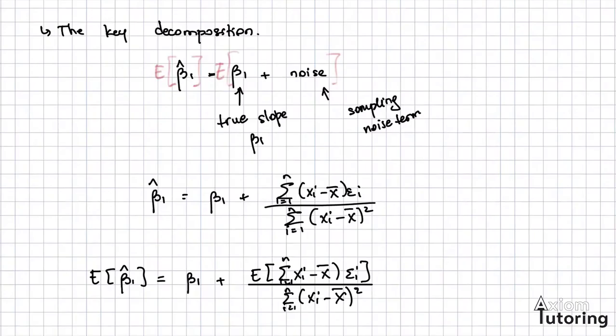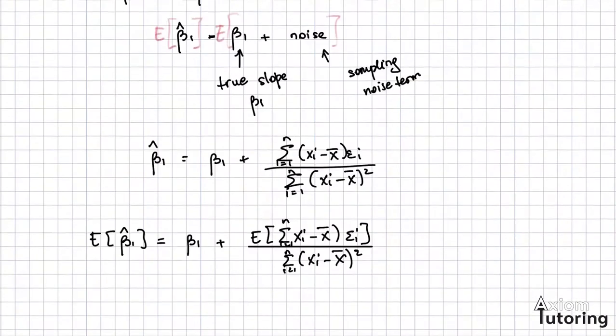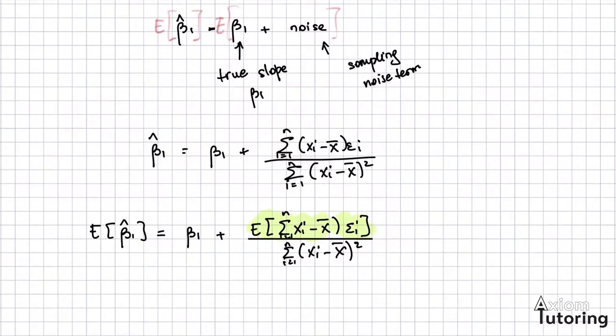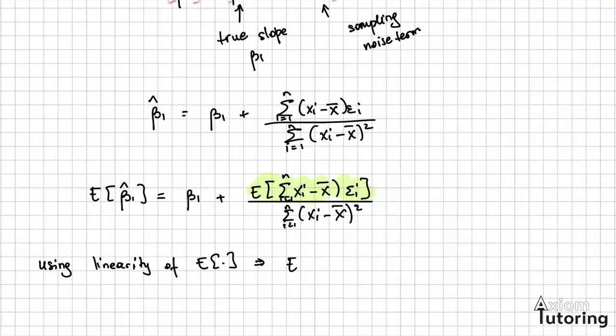Now that we have taken the expectations on both sides, let's concentrate very quickly on the numerator in this fraction. By using linearity of the expectation operator, I can rewrite that as follows: the sum of xi minus x bar, without the square, times the expectation of epsilon i.